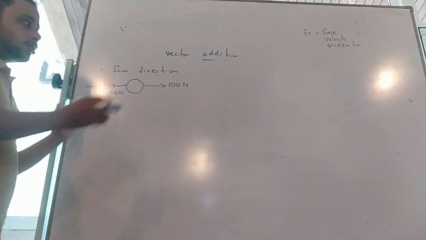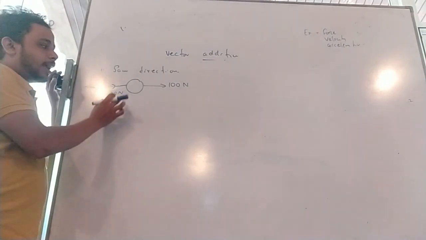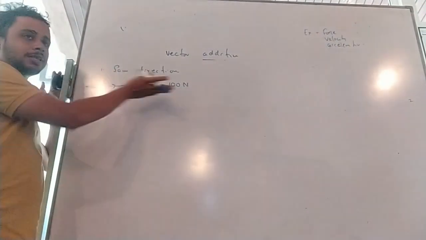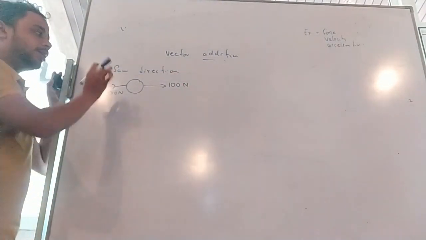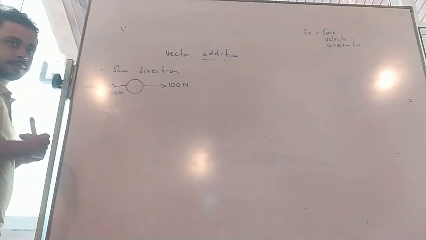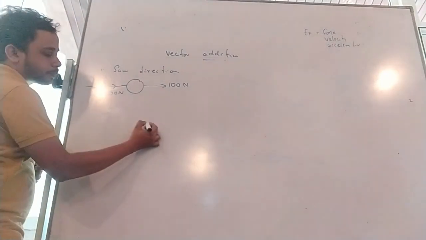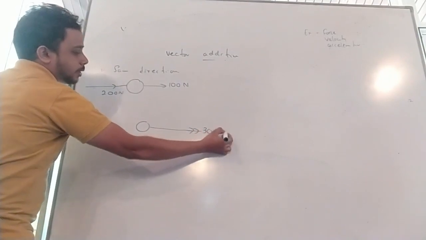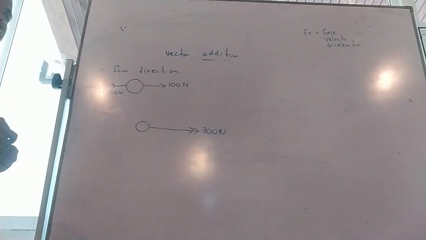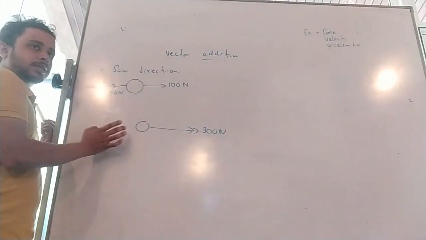So the combined effect of these two forces is like adding a 300 newton force in this way. Therefore, when two vectors are in the same direction, their final result is just the addition of the two vectors. It is like 300 newtons applied this way.